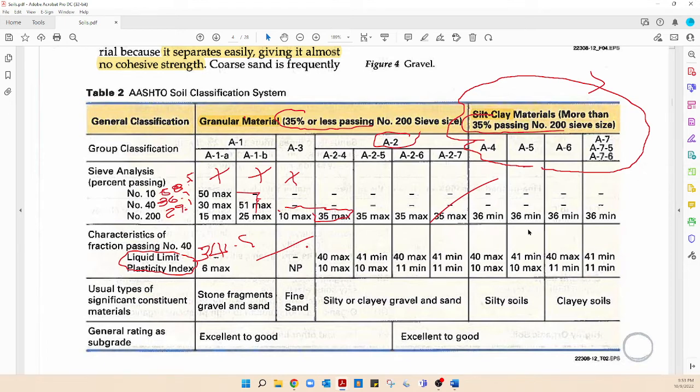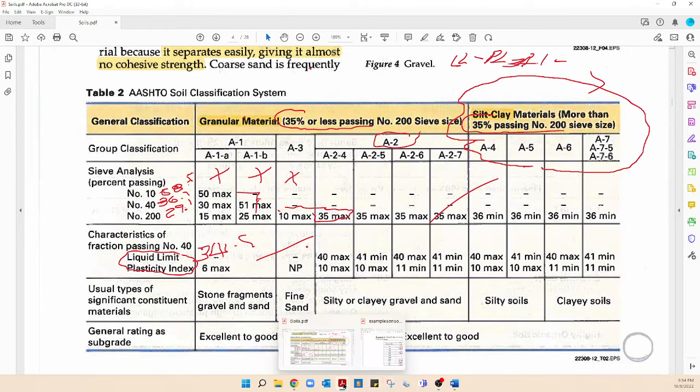So to get your index, it's going to be liquid limit minus your plastic limit, PL. And in this case, it's 34.1 minus 16.5.